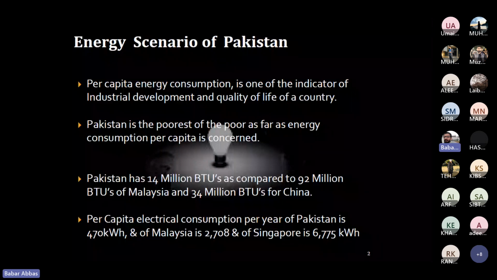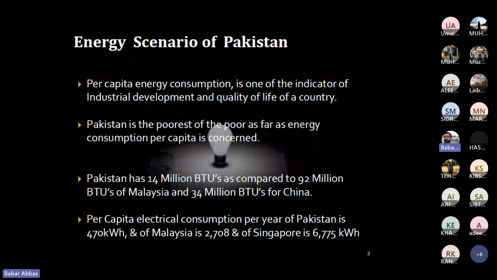In contrast, a Malaysian person is using 2708, while a person sitting in Singapore is using 6775 kilowatt hours on an annual basis. You can see the difference between all three countries.